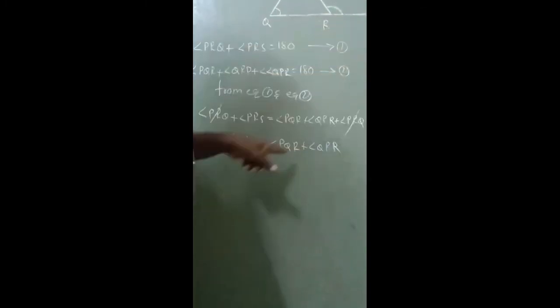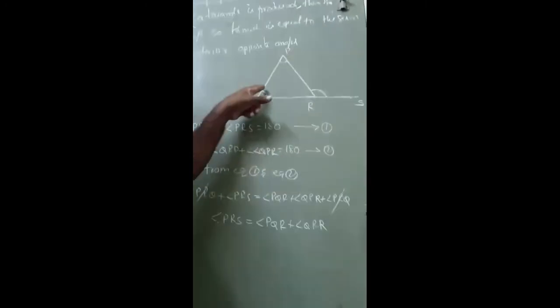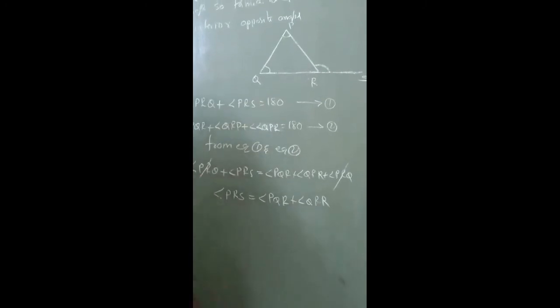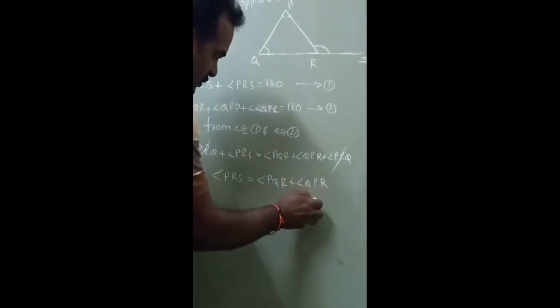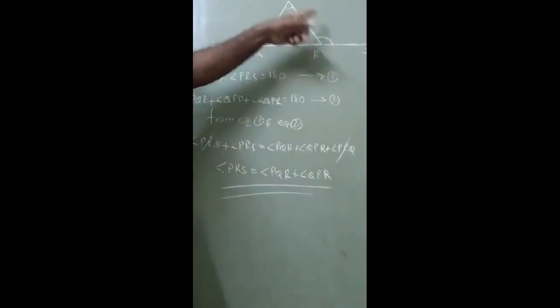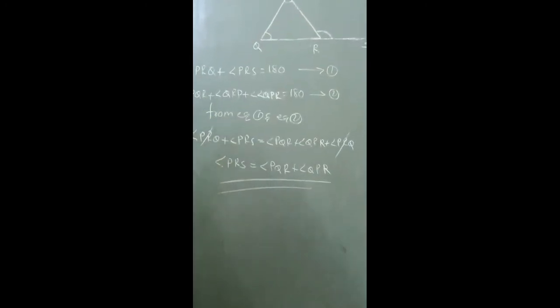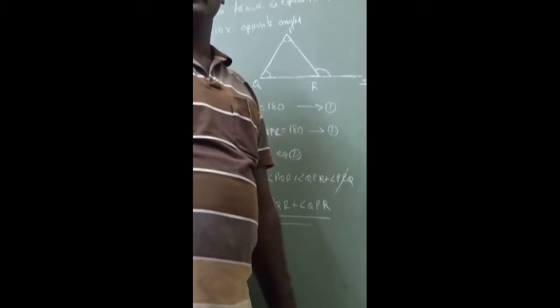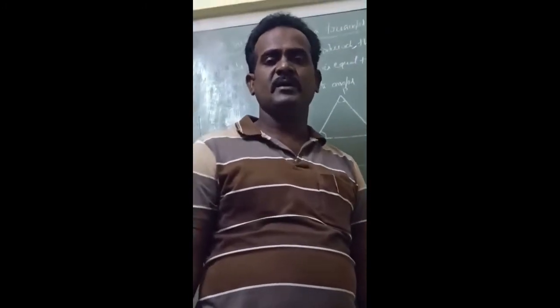Angle PRS is equal to the sum of the opposite interior angles, angle Q plus angle P. So this is clear: the exterior angle is equal to the sum of the opposite interior angles. Okay, students, thank you.